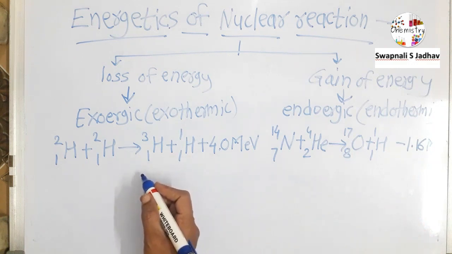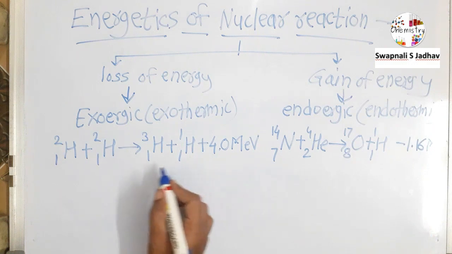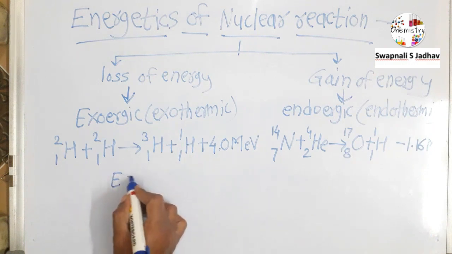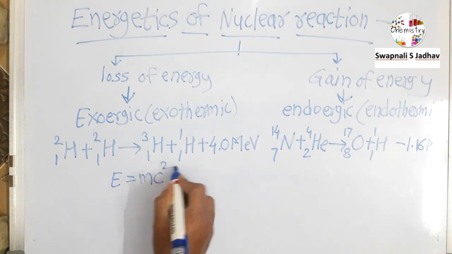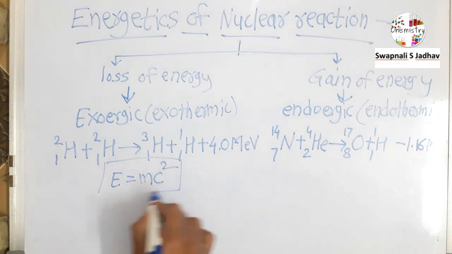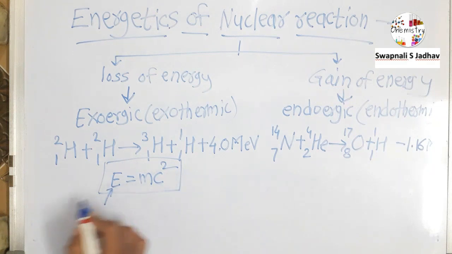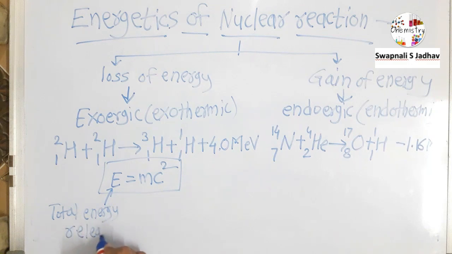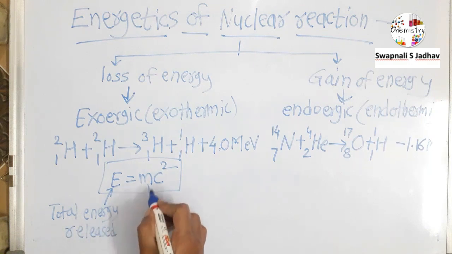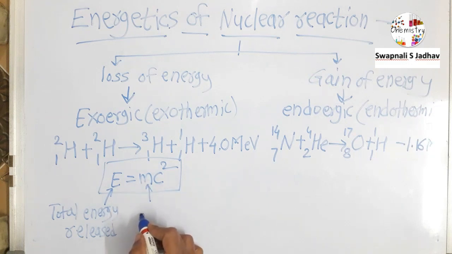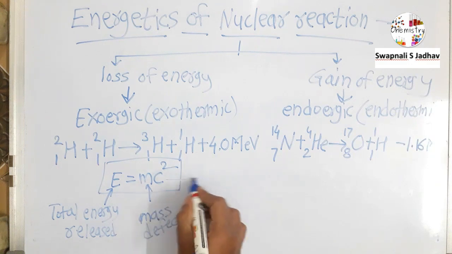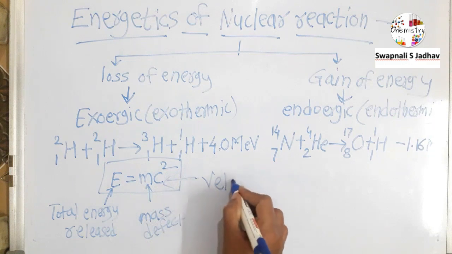Okay, so the amount of change in energy is enormous and is calculated with the help of a famous energy equation. Which one? Einstein equation. So the Einstein equation is E is equal to mc square, where E is the total energy released, m is the mass defect, and c is the velocity of light.